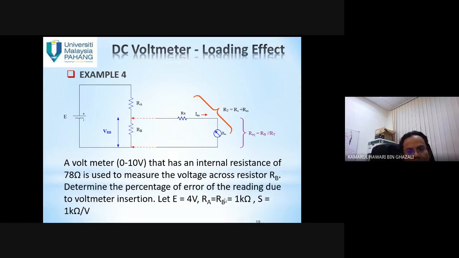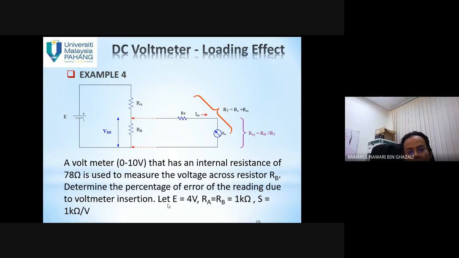This is another example. A voltmeter of 0 to 10 volt that has an internal resistance of 78 ohm is used to measure the voltage across resistor Rb. Determine the percentage of error of the reading due to the voltmeter insertion.